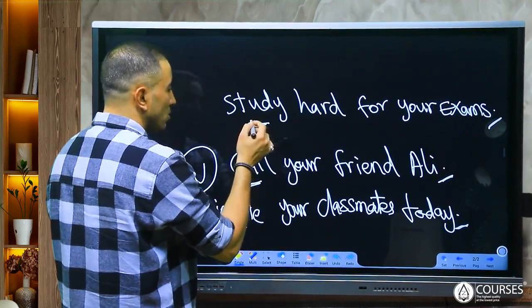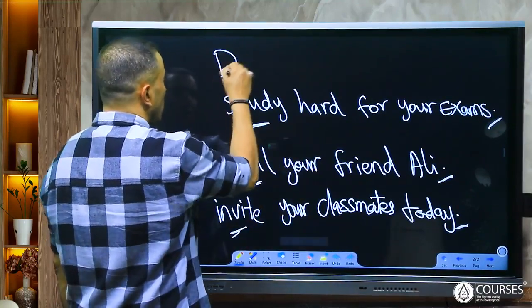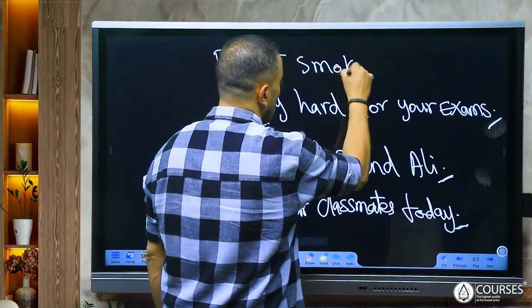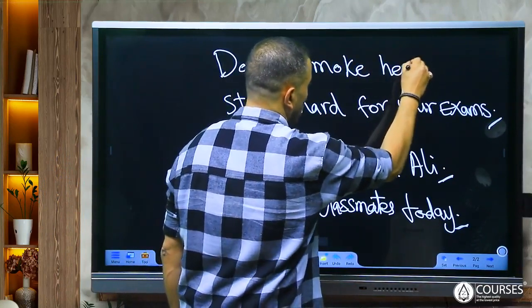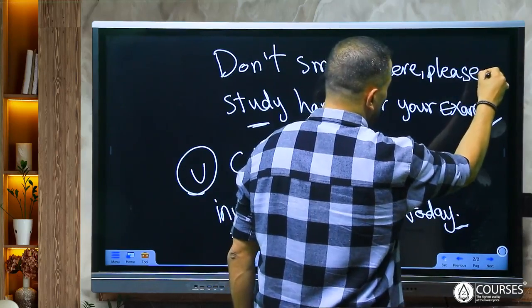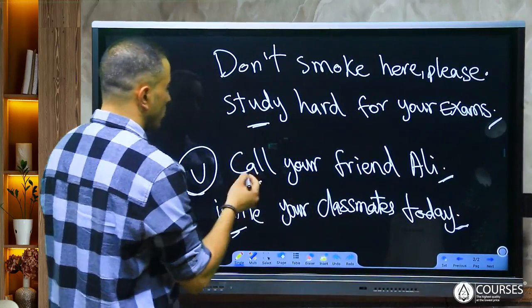Also we can start it by giving a negative order. For example, don't smoke here, please. I'm giving you an order to not smoke here. Don't hate your little brother, for example.